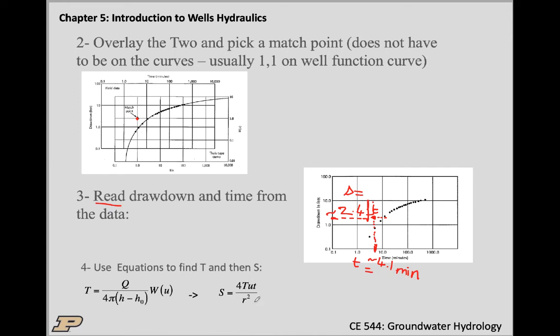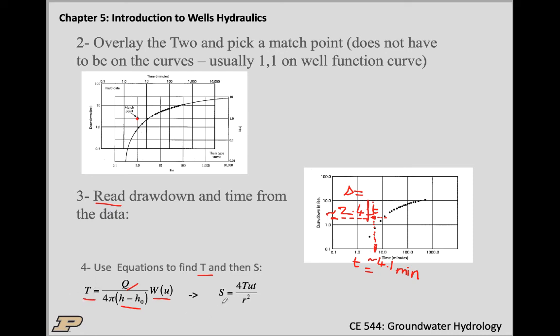So now we have everything we need, so the last step is obviously to use your equations, starting with the transmissivity. The reason we start with the transmissivity is because we need it then to calculate the storativity, right? So for the transmissivity, we have everything. This is 1, this is the drawdown, Q is known, obviously this is the pumping rate of your well, so we can plug this and that in and calculate transmissivity.